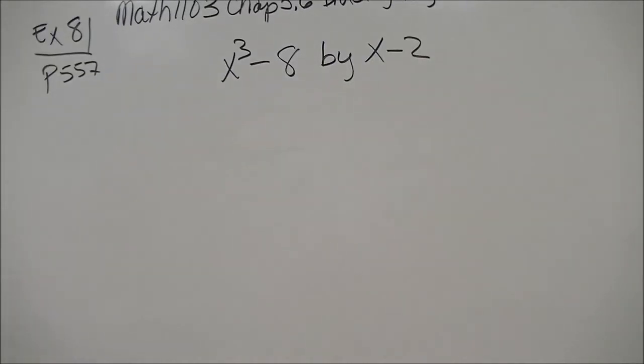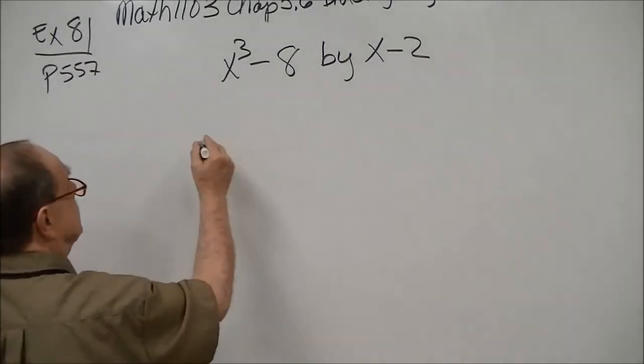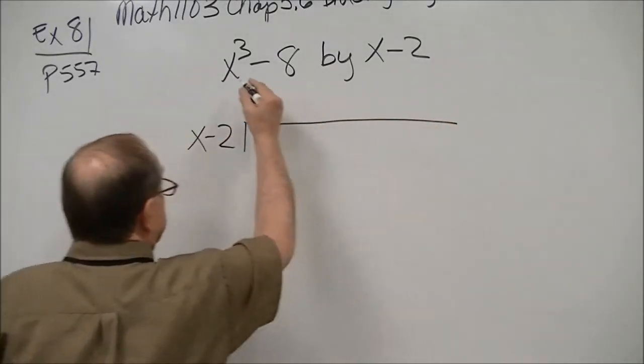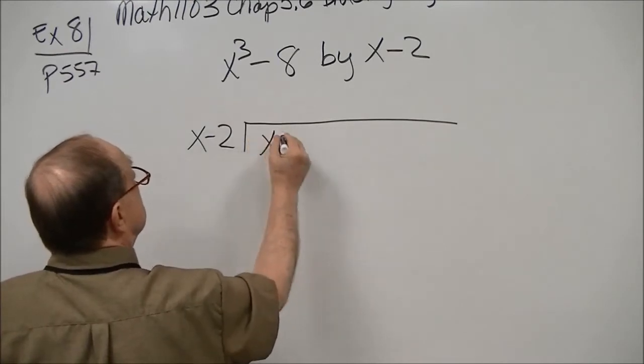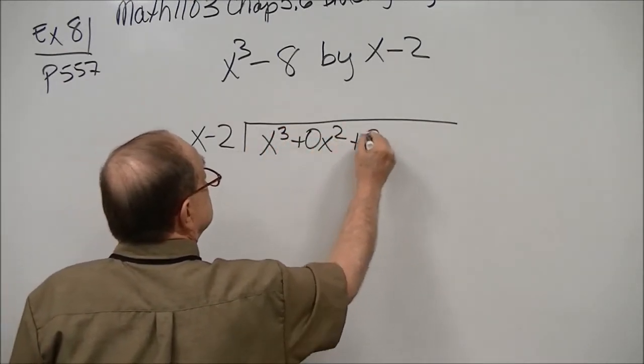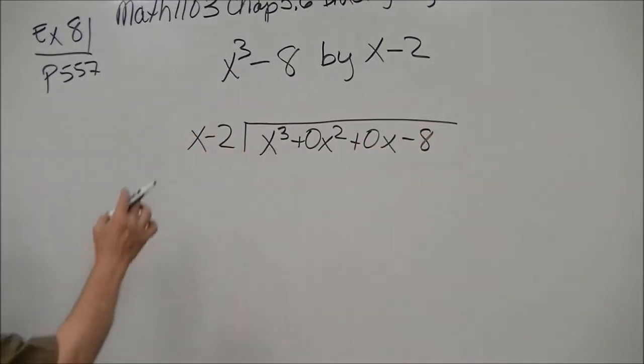Now, for this last one, we're going to show you a little technique that we use. Again, this is our divisor out here. And we need to put in some placeholders because we're missing some.